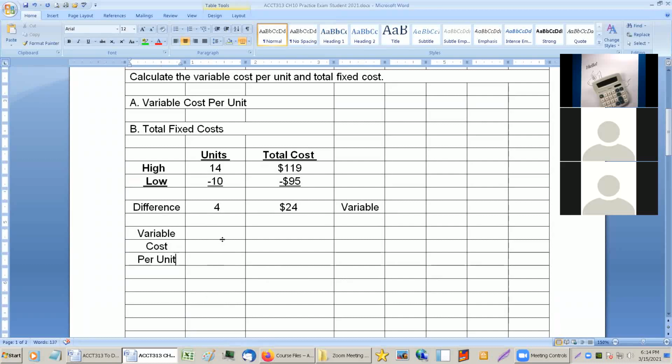We are going to take the change in total cost, the $24, divided by 4 units.